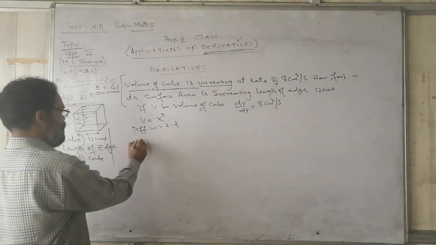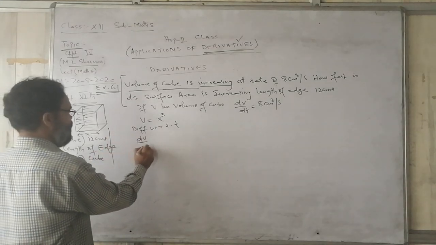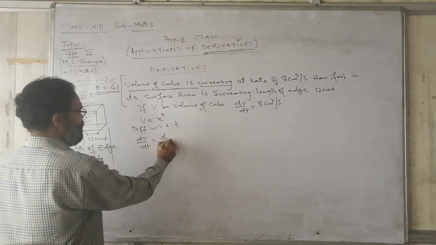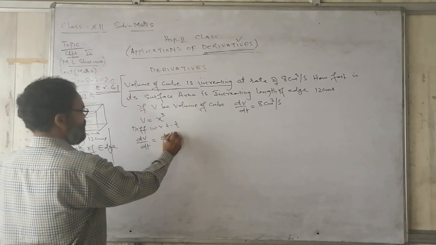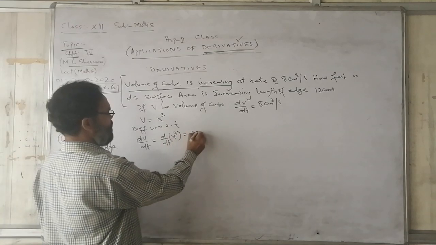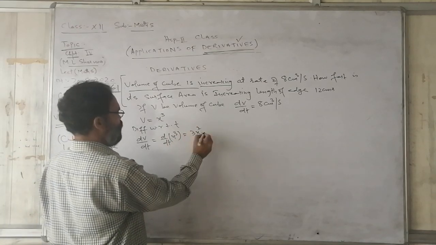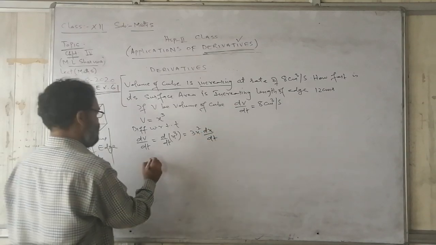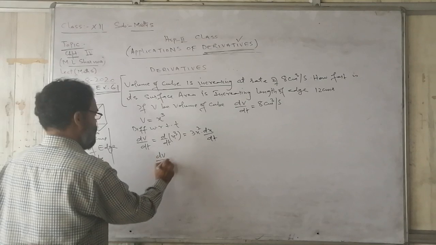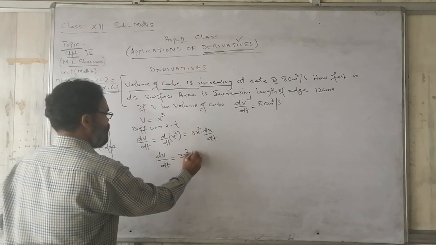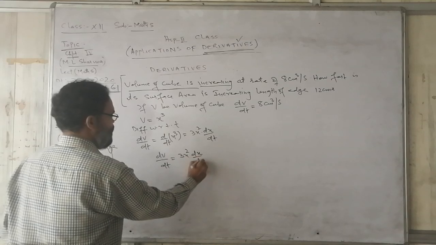So this will be dV upon dt and d upon dt of x cube, and this will be 3x square into dx upon dt. That means dV upon dt equal to 3x square into dx upon dt.